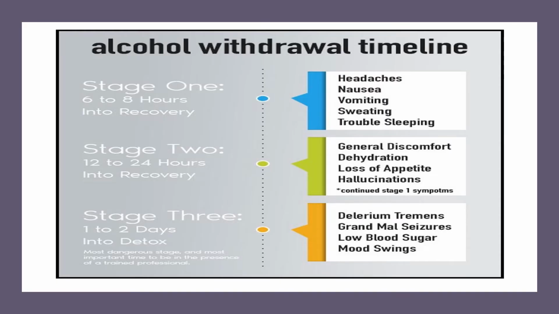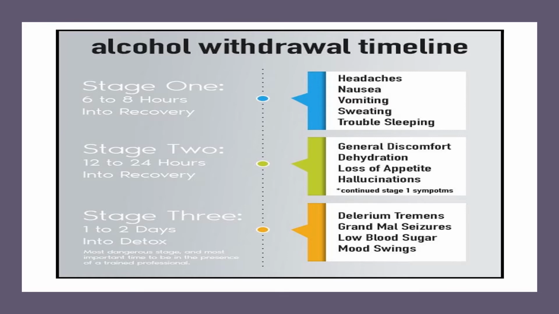So here's a typical timeline for alcohol withdrawal. Once you have stopped consuming alcohol that you've been consuming for many months or years, you can expect a lot of these symptoms to start to occur. In the first 6 to 8 hours, you're typically facing nausea, vomiting, sweating, insomnia.